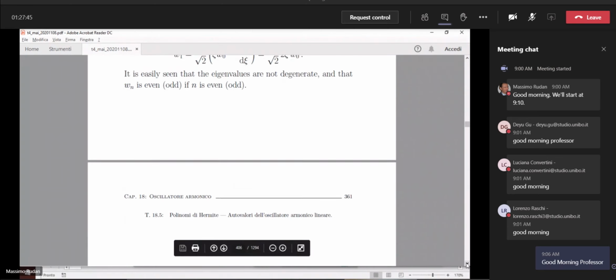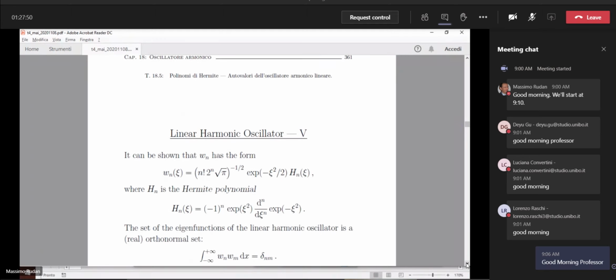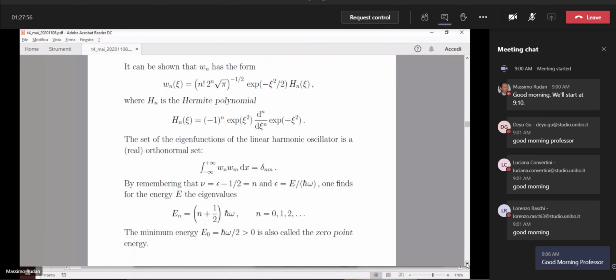Now we have to go back to the non-normalized quantities. There is a demonstration that we skip in which it can be demonstrated that all the eigenfunctions of the linear harmonic oscillator are all proportional to the original Gaussian, okay? This is intuitive because we start with the original Gaussian and then we either multiply by some factor or take the derivative of it.